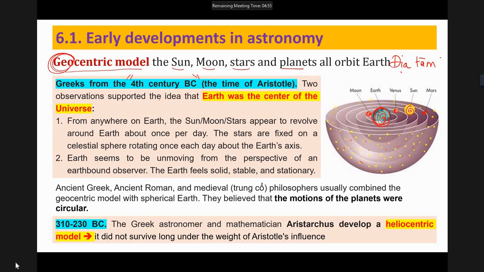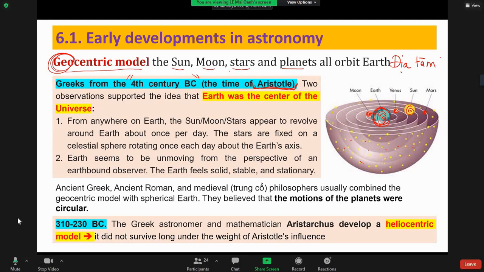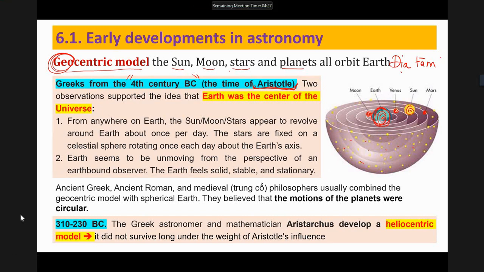The famous astronomer at this time is Aristotle. Have you ever heard of Aristotle? Aristotle's natural law. Teacher of Alexander the Great. He's an ancient Greek philosopher.